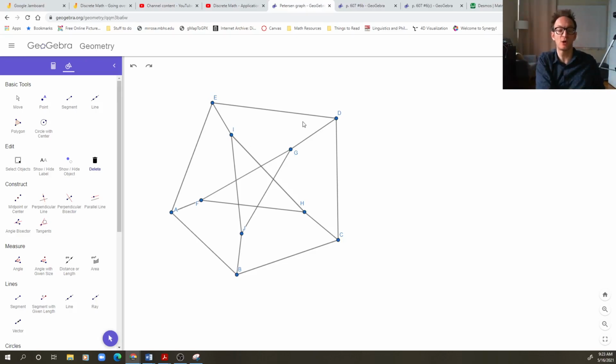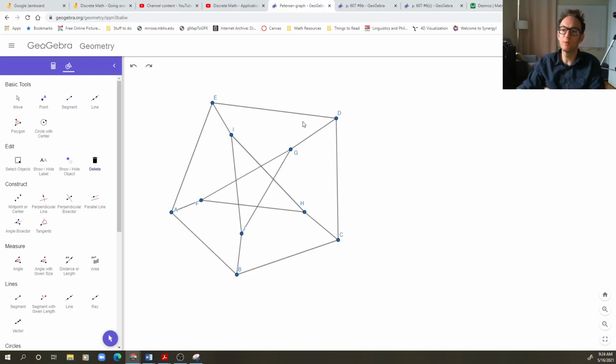So okay, what have I just shown? I've just shown that it is possible to disconnect this graph with the removal of 3 vertices. Now, the claim that this graph is in fact 3 connected is a stronger claim. This is quite hard to prove, and it's beyond the scope of this exercise to actually prove this, but if you want to prove that this Petersen graph is 3 connected, then what you have to prove is that it's not possible to disconnect this graph by removing fewer than 3 vertices.